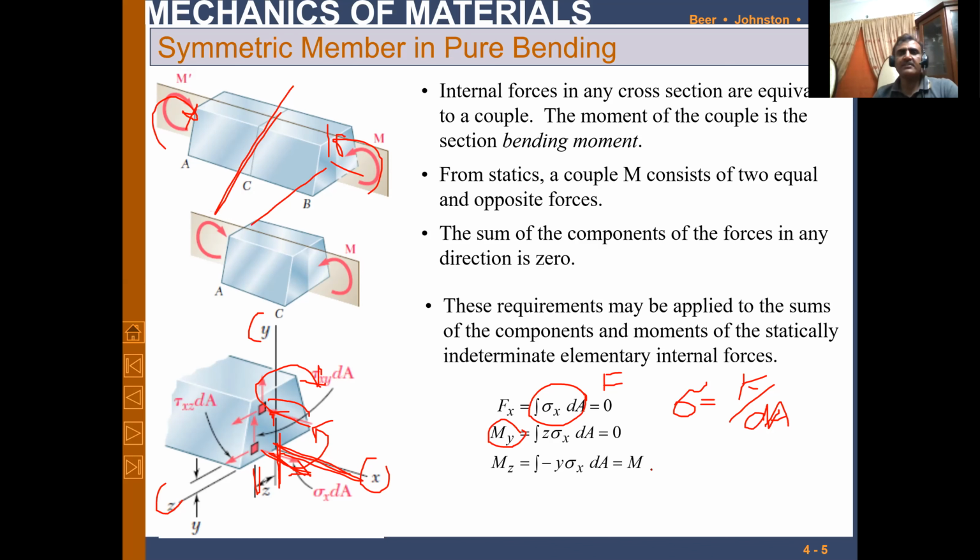You can take it as a minus, but it doesn't make any difference if you take it positive, because by the end of the day you will get the sign correction while calculating. So that is not a major chunk over here. y is the distance from the z-axis, so y sigma x dA will be equal to the moment of this one.